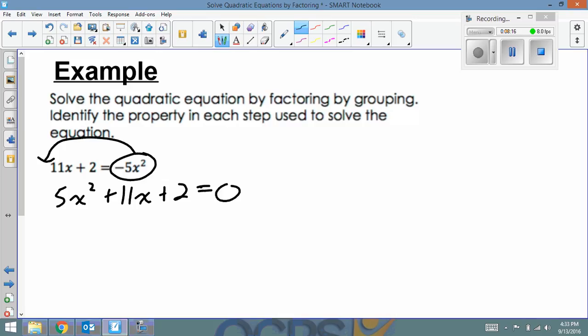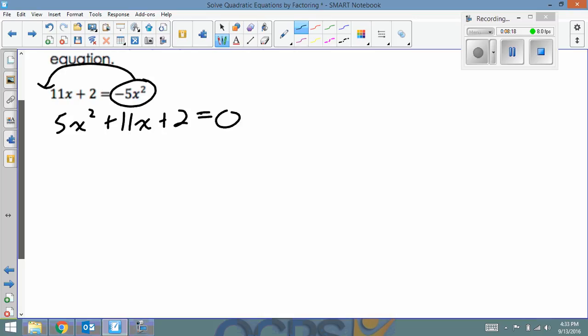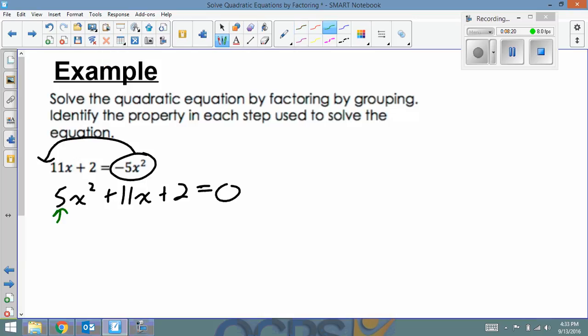Okay, so in the X method, remember, this is A, B, and C. So we're going to draw ourselves an X. Remember, the top is always A times C, which in this case is going to be 5 times 2.